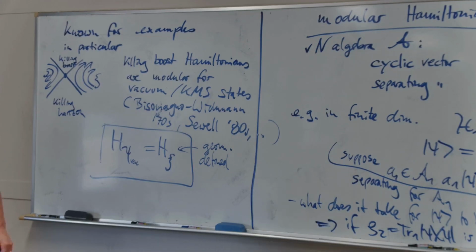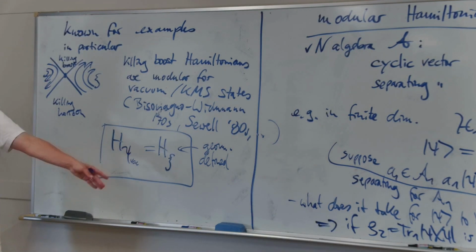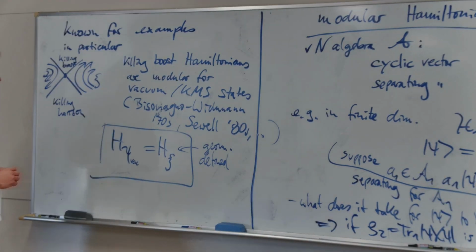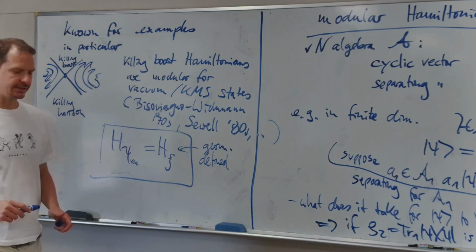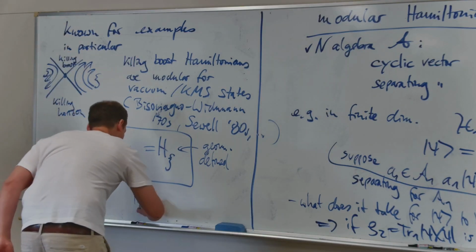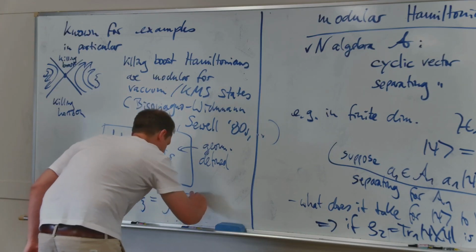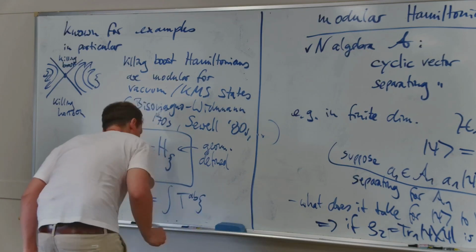The Hamiltonian you get is this one, and you can show it is the modular Hamiltonian. In terms of local field theory, it is given by integration of some component of the energy momentum tensor. But to construct such a composite operator, you have to be careful with the renormalization.